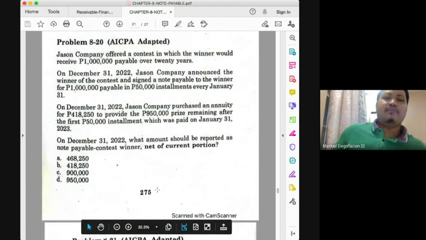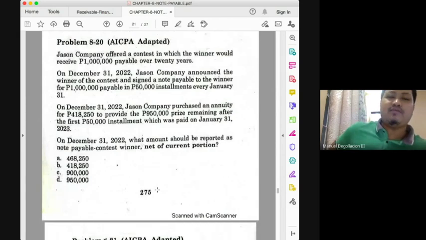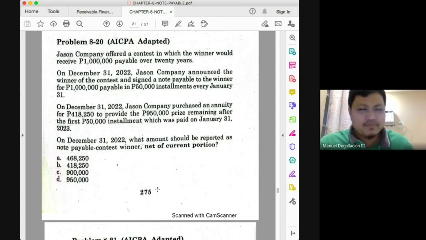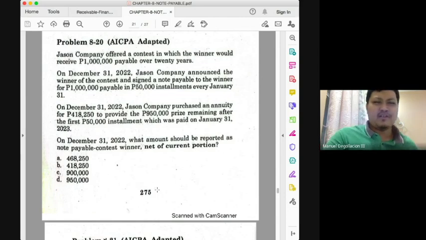8-20. Jason Company offered a contest in which the winner would receive 1 million payable over 20 years. On December 31, 2022, Jason Company purchased an annuity for 418,250 to provide the 950,000 price remaining after the first 50,000 installment, which was paid on January 31, 2023.